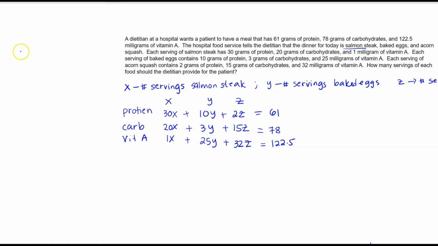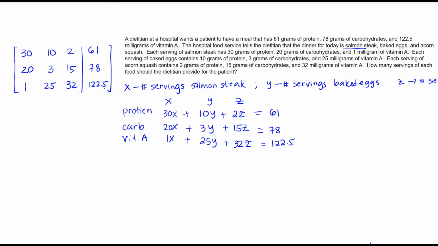The first column will be the coefficients of x: 30, 20, and 1. Then we have 10, 3, 25, then 2, 15, 32, then the constants, 61, 78, 122.5.